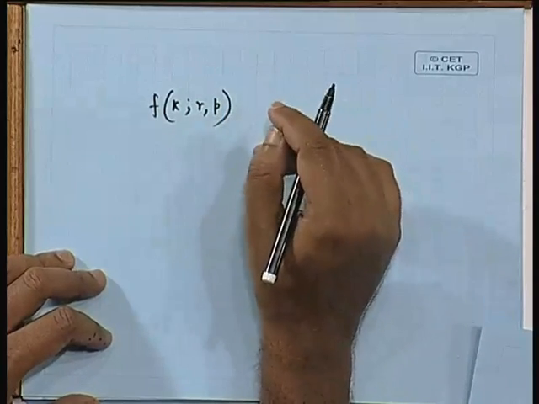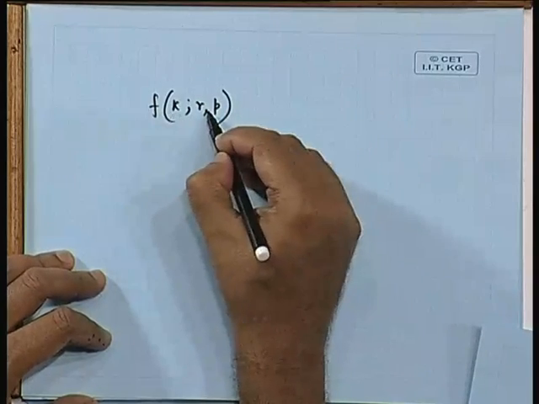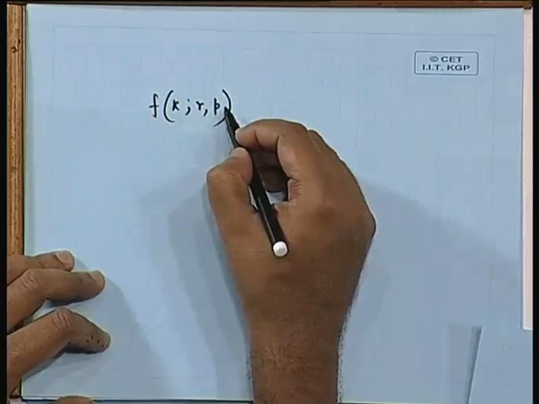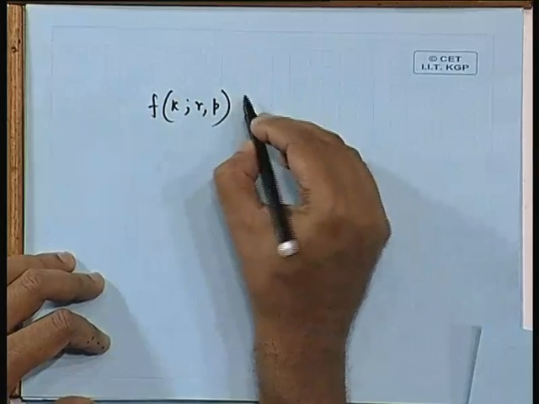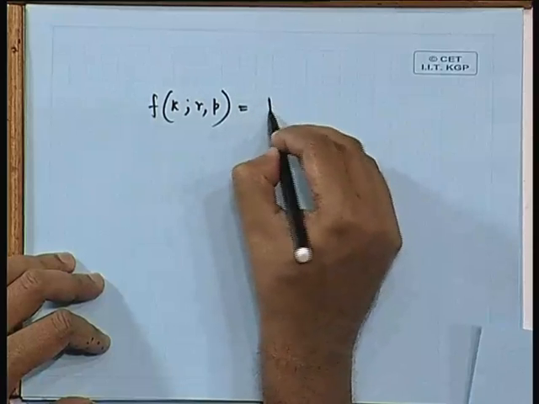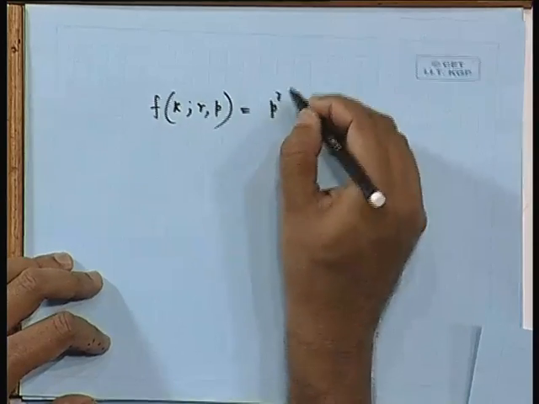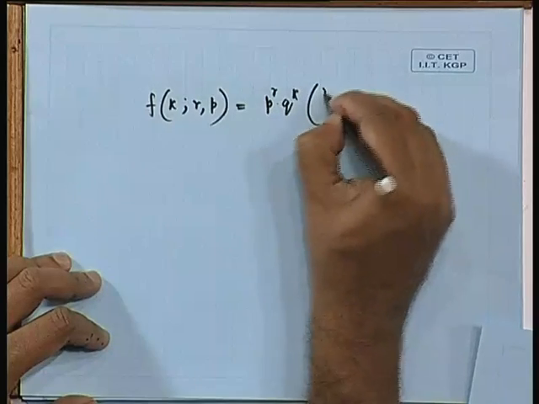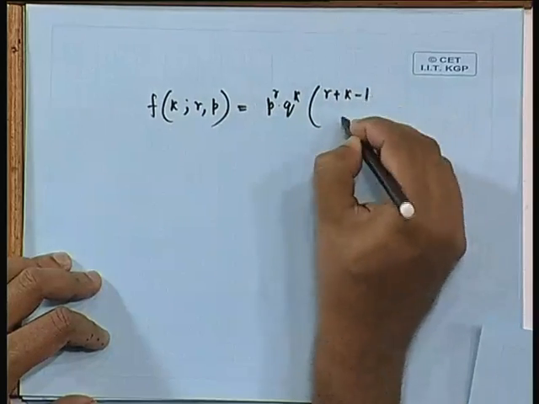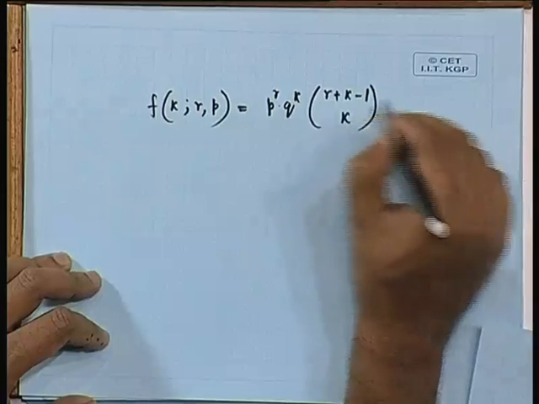Here k is the number of failures, r is the rth success, and p is the probability of success. The distribution is given by p to the power r, q to the power k, and a combination of r plus k minus 1 choose k.